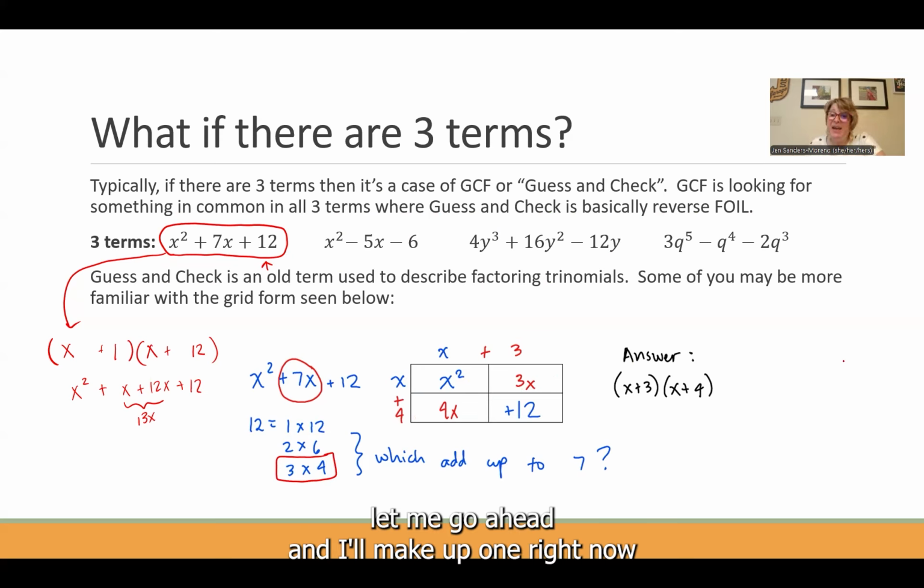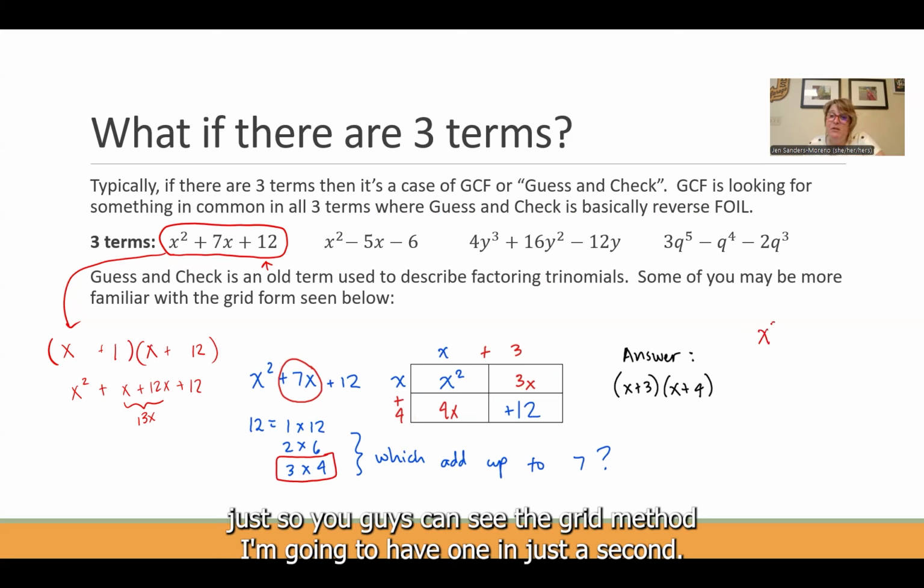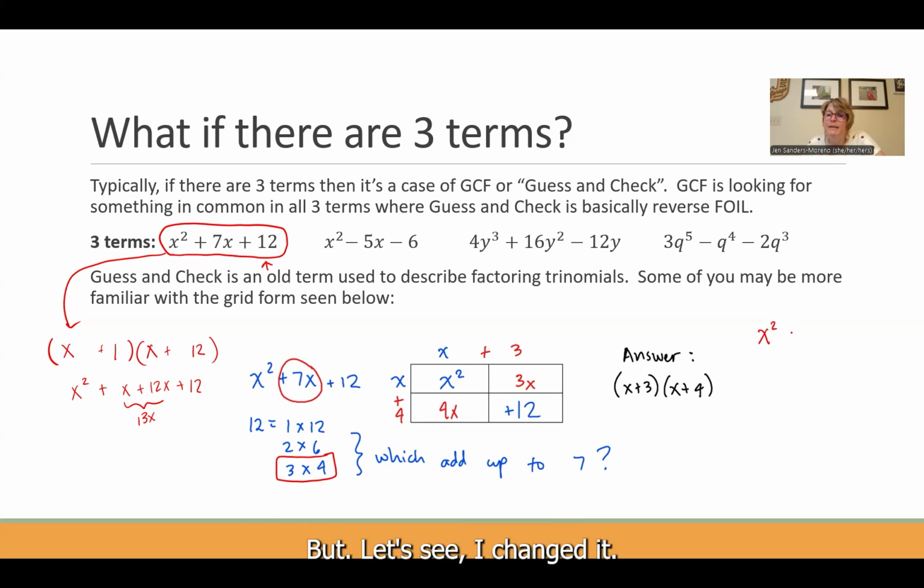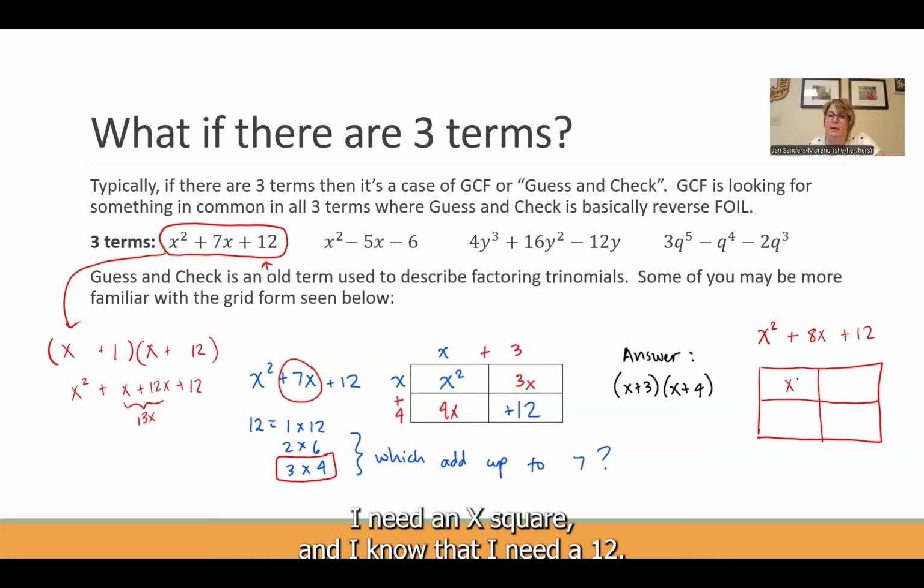let me go ahead and I'll make up one right now, just so you guys can see the grid method. I'm going to have one in just a second. But let's say I changed it. Let's do this guy. There we go. Okay, so how the grid works is I know that I need an x squared and I know that I need a 12. Okay?